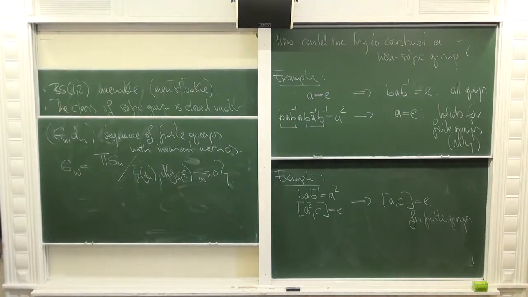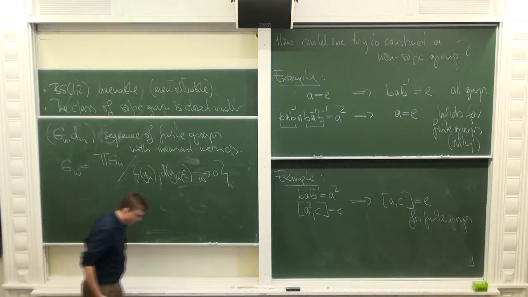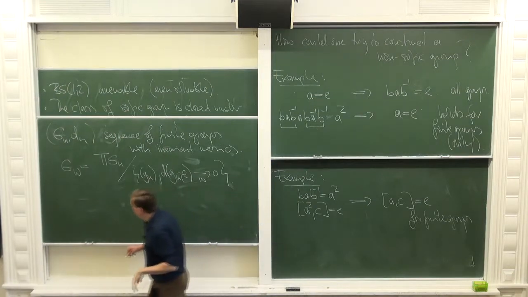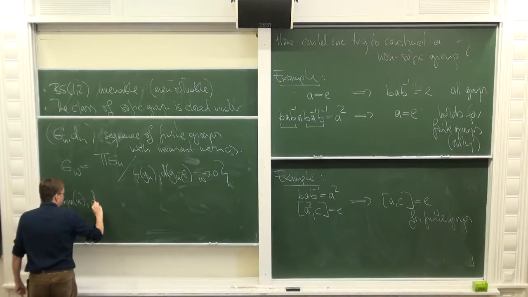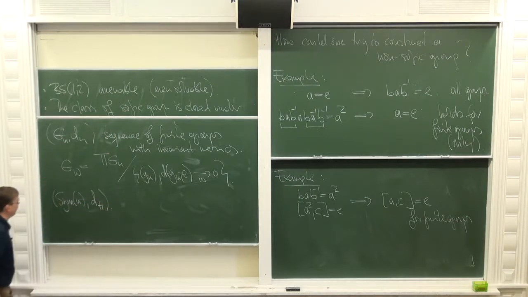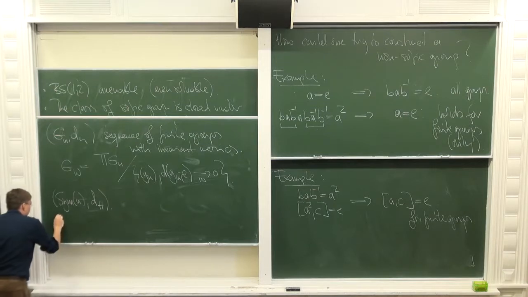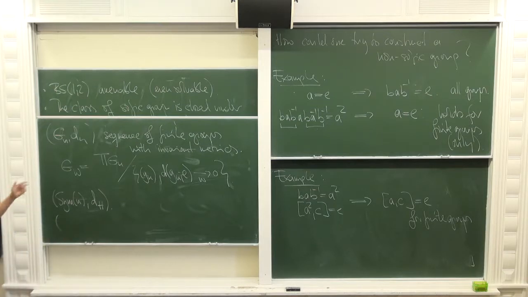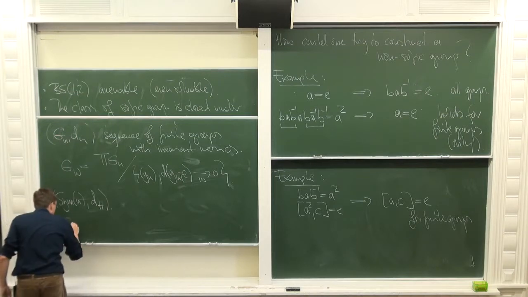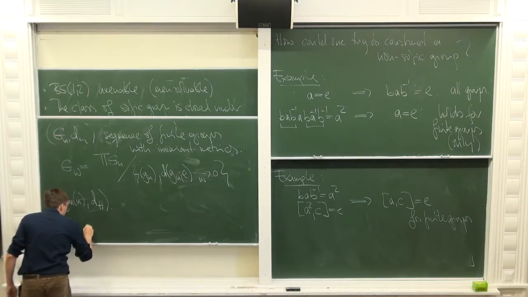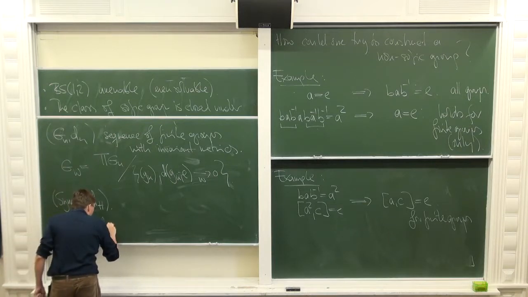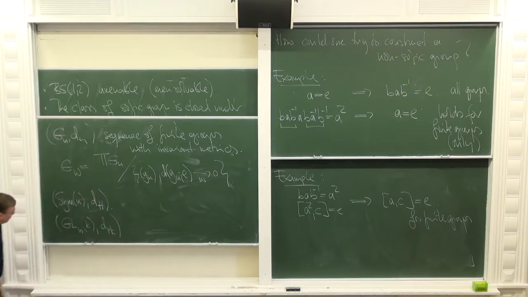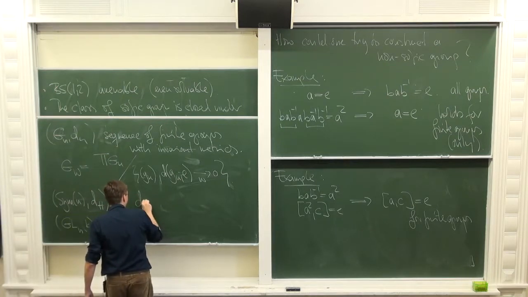So what can we say about this group for particular sequences of finite groups with some invariant metrics? We have already seen one source of such finite groups: the symmetric groups with the Hamming distance. But there's a very natural other class of groups which has such a nice metric, and these are the linear groups GL_n over some field K. There's also a metric which I call the rank metric.